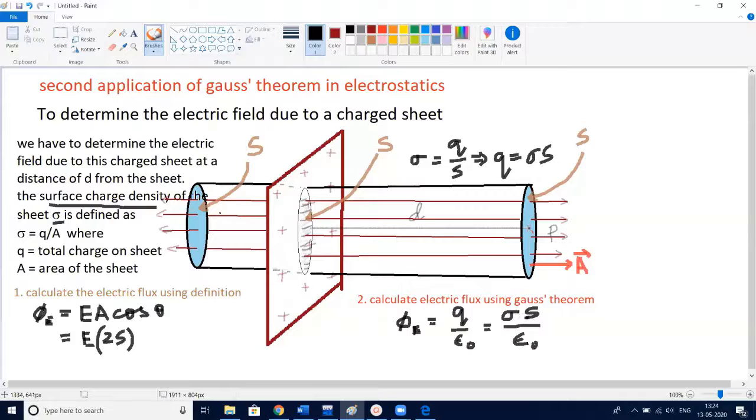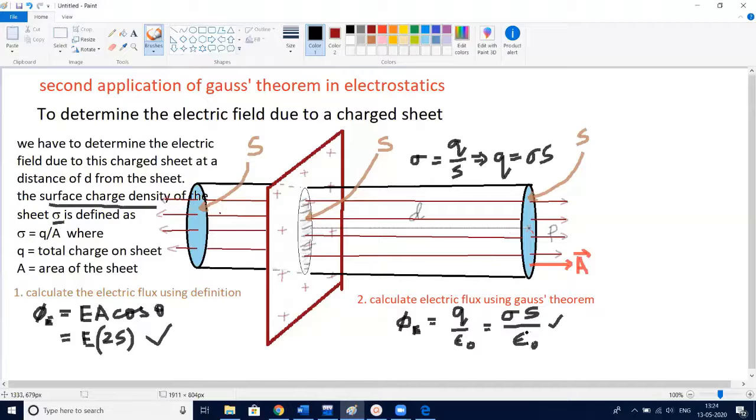Now this is the electric flux calculated on the basis of the definition of electric flux, and this is the electric flux calculated using Gauss's theorem. But these two are one and the same.